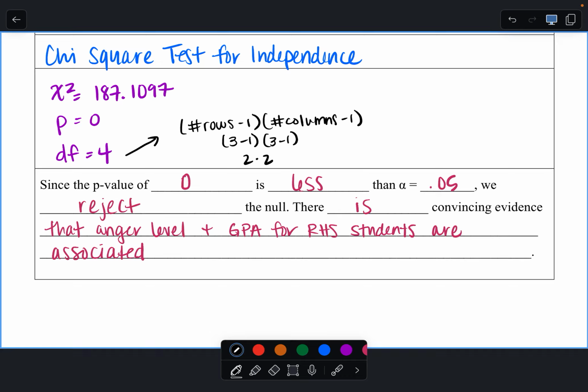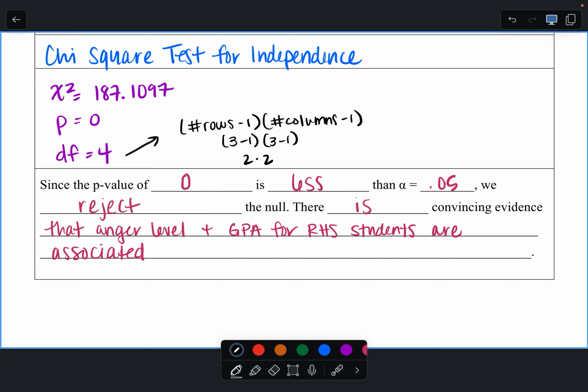Sometimes they don't give you a table or the data. They will say something like, there are 3 categories for anger level and 3 categories for GPA. What is the degree of freedom? It's still the same idea of a 3 by 3, 3 minus 1, 3 minus 1. So it's the number of categories for each variable multiplied together.